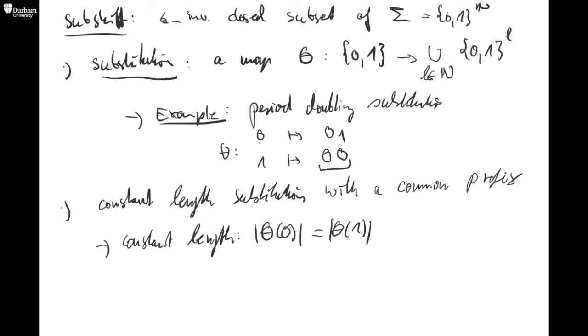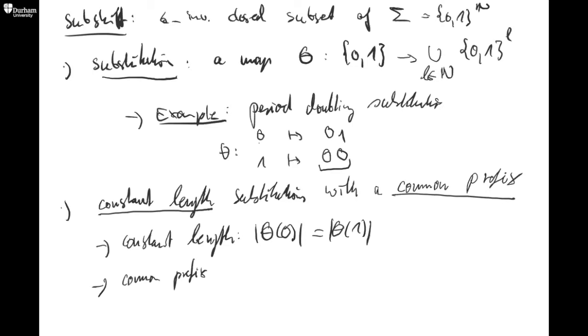Okay, so we have defined this notion, and what we haven't defined yet is a common prefix, but this is easy to anticipate what this will be. This just means the first letter of the two images is the same.